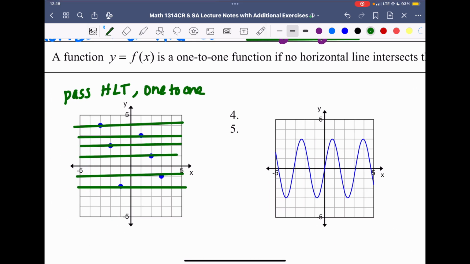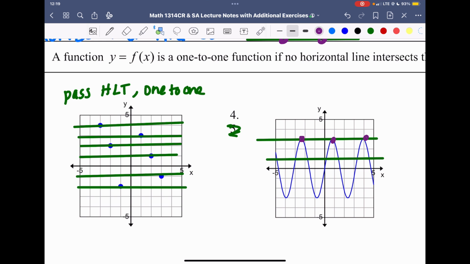Okay, so let's look at, this was misnumbered, number 4. If at any point it touches or crosses a horizontal line more than once, then this is going to be a fail. If you look at that first line that I drew, my function here touched that line 3 times.